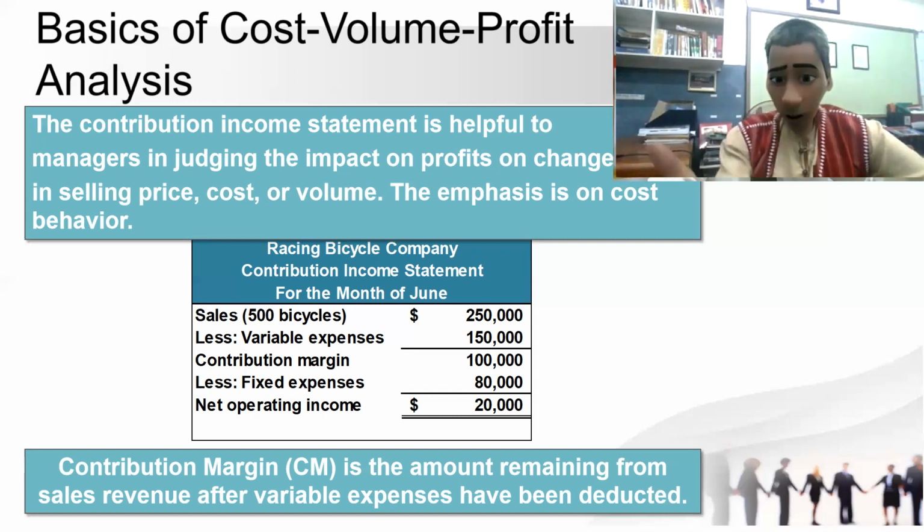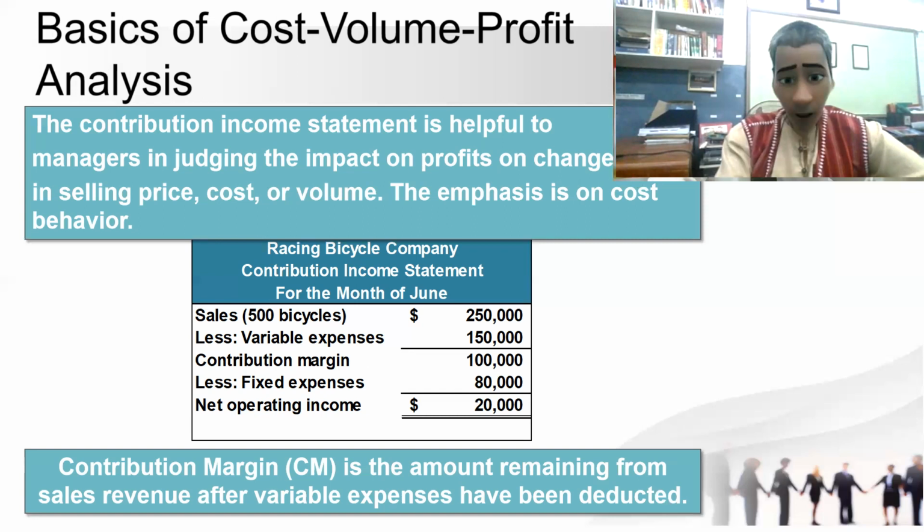So sales, there are 500 units of bicycles sold during that month. So we have 250,000 sales less variable expenses, and therefore we can get the contribution margin if we subtract variable expenses from the sales. Okay, so in this instance, contribution margin equals $100,000.